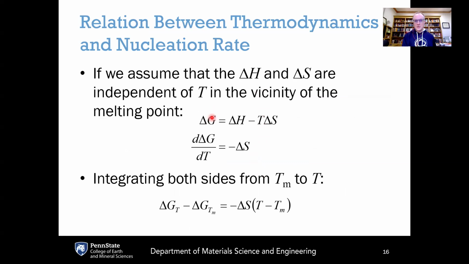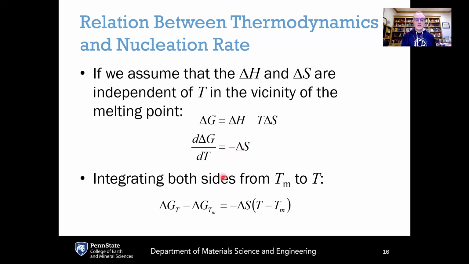The simplest assumption that somebody could make is to assume that the delta H and the delta S are independent of temperature in, let's say, a narrow temperature range around the melting point. And if that is the case, we write the delta G here is equal to delta H minus T delta S. And taking the temperature derivative of that, if delta H is a constant with respect to temperature, that goes away. And what we're left with is just minus delta S.